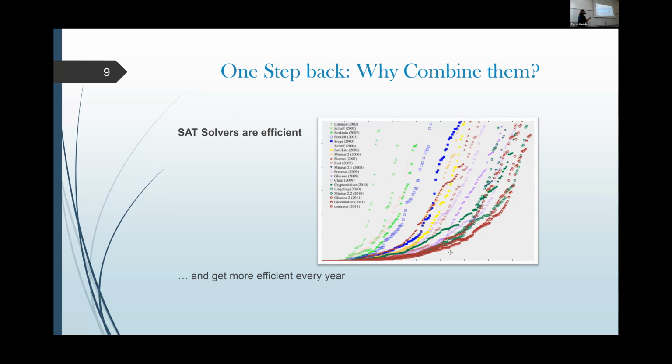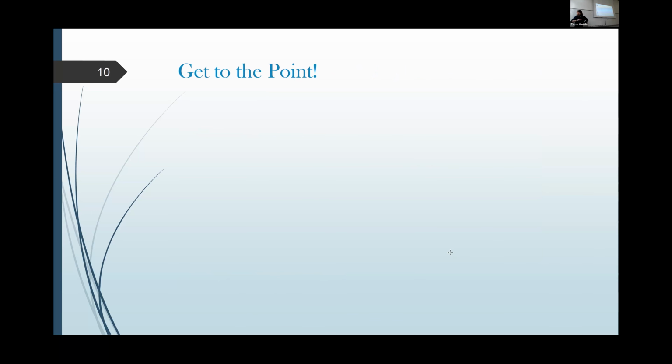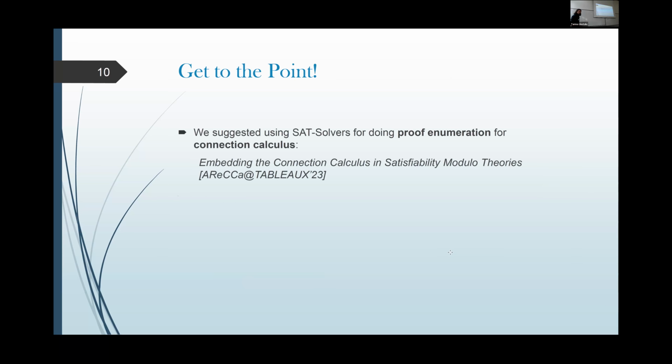Mike and I wrote a paper at the workshop at TABLEAUX 2023, where we conjectured that SAT solvers are an amazing way to find proofs in certain categories. We're just continuing on that, and that's what I'm presenting to you.